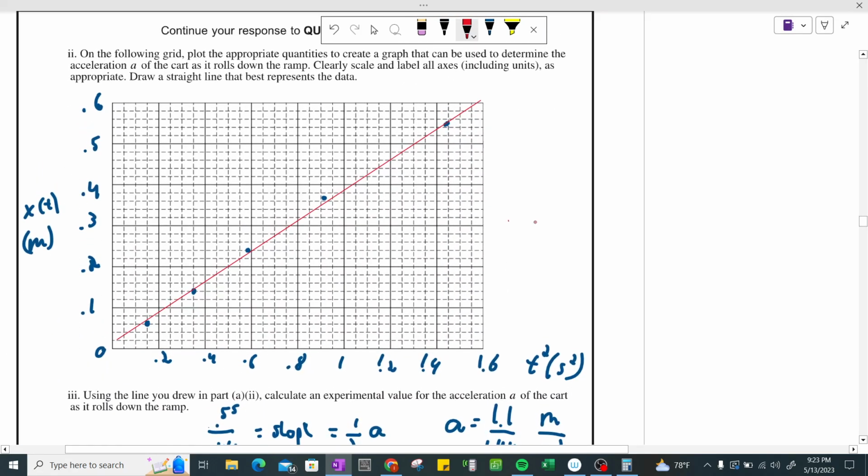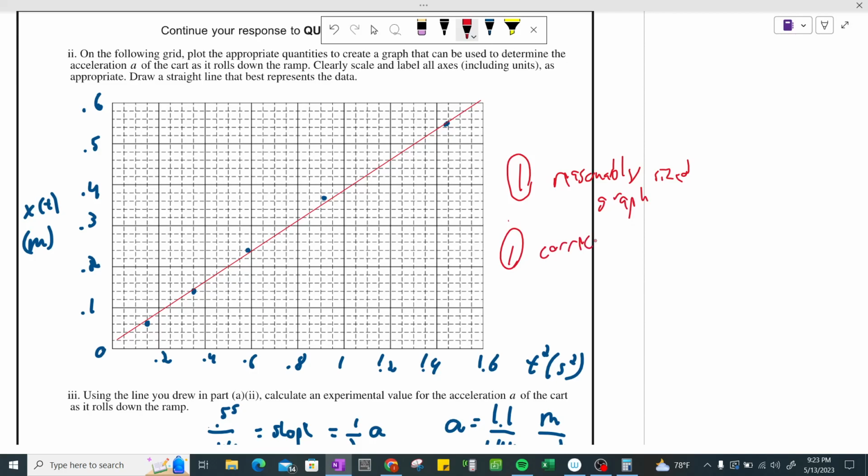This one, we've got 1 point for a reasonably sized graph. We'll probably see a point for a correct plot. We'll see at least 1 point for a line that's reasonable.